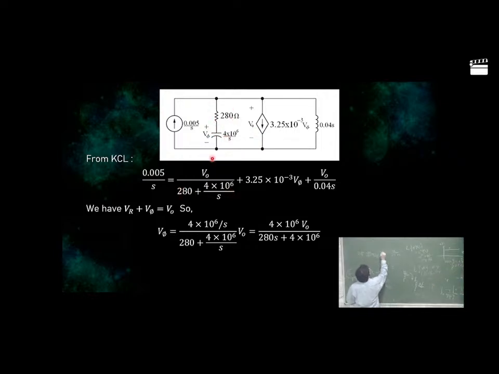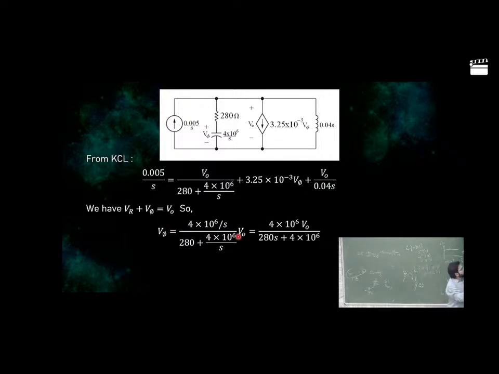That is the current through this branch, V by R, right? The current through this branch is directly the current, 3.25 into this value. And the current through this branch is potential by impedance, right? The potential difference is V0 again. So V0 by this impedance. So it is the KCL: the current incoming in this node is outgoing through this and this and this. So if you solve that, you will get the result.